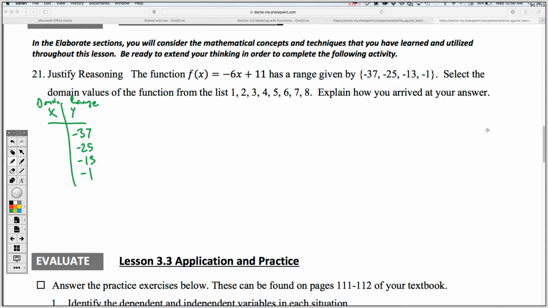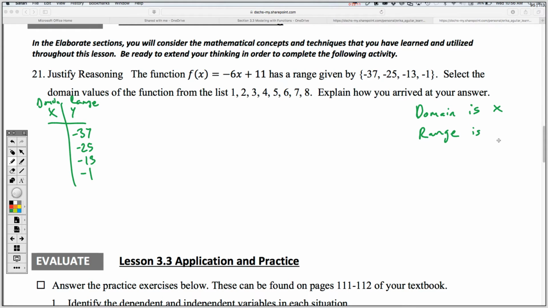Okay? So if your domain is X, then your range is, what do you think? Nope. What was another thing we said for Y? Output? No. So what is your range? Y. What was the other thing we said for Y though?